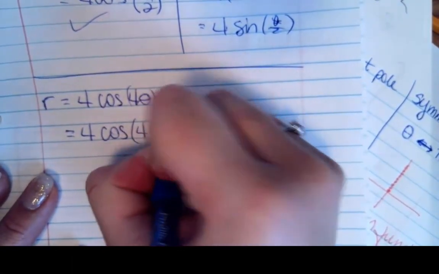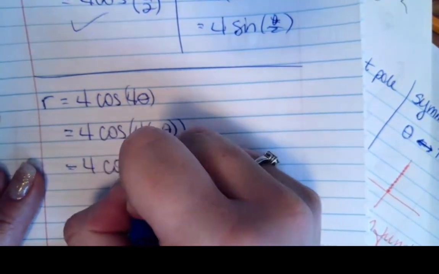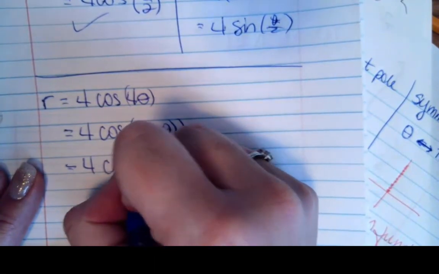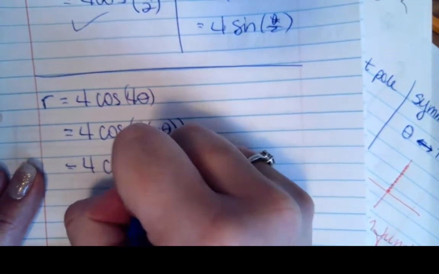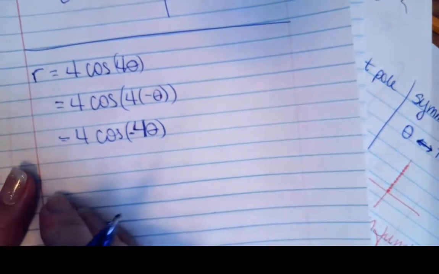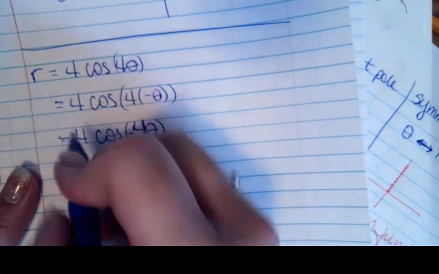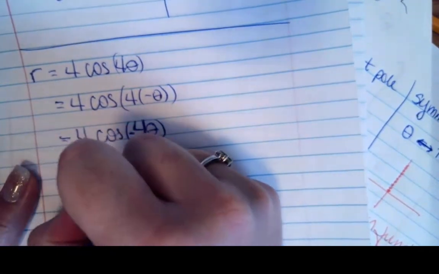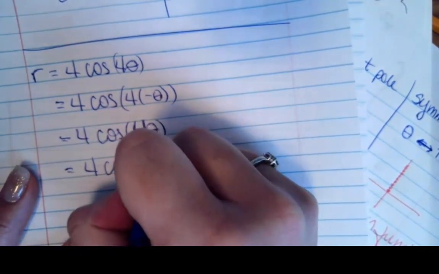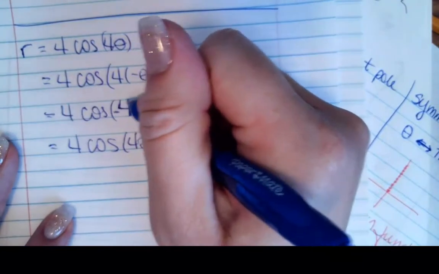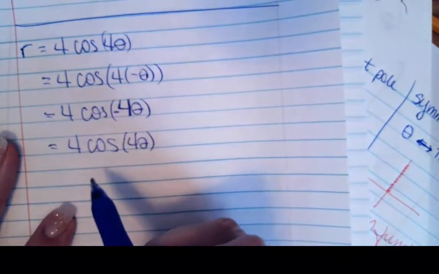For negative theta, I get negative 4 theta. We're checking for symmetry about the pole, which honestly some people say is the same thing as the origin. This is an even function, which means if this is negative, it won't affect the output. And so I get the exact same thing back. So it is symmetric about the pole.